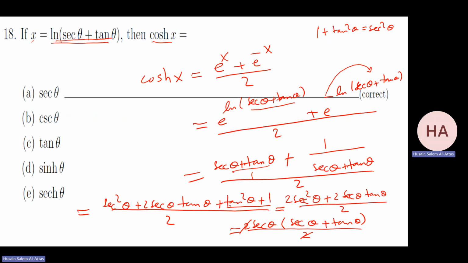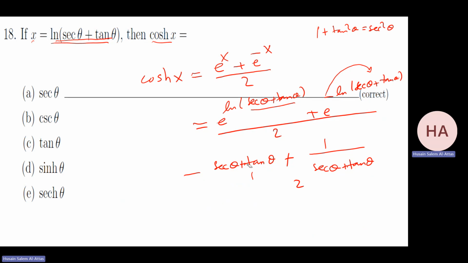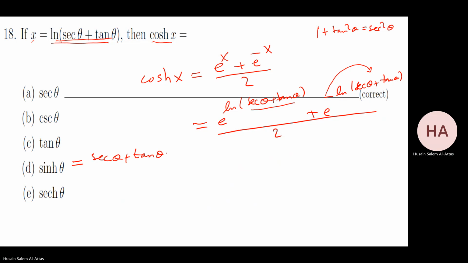I plug the x here. E to the power x, e to the power ln of this, plus e to the power minus ln of this. Okay. So it will be 1 over. Calculation, be careful here. I need a space. Let me make it here to give more space. That will be secant theta plus tan theta plus 1 over secant theta plus tan theta, over 2.